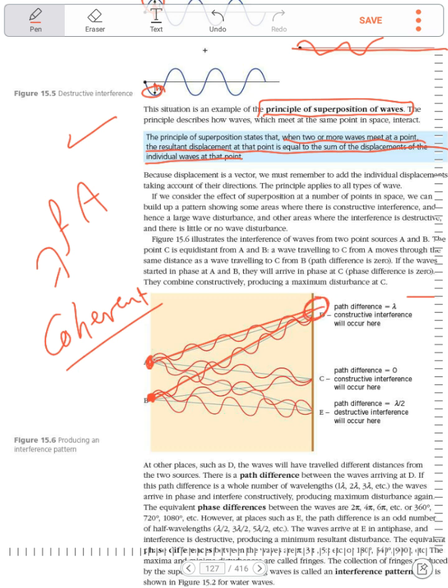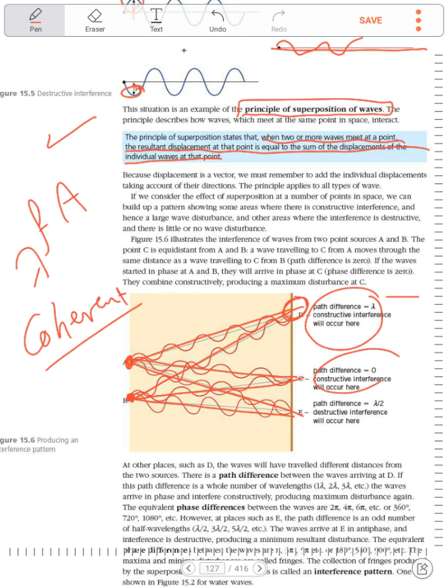Maybe they meet at the center, or maybe they meet at this point. So depending on the path difference, we can see if the screen shows a bright point or a dark point.